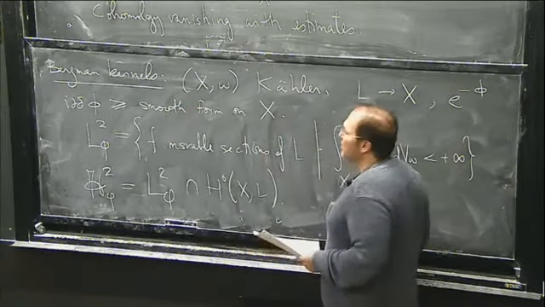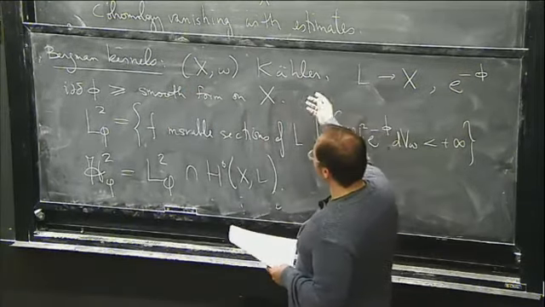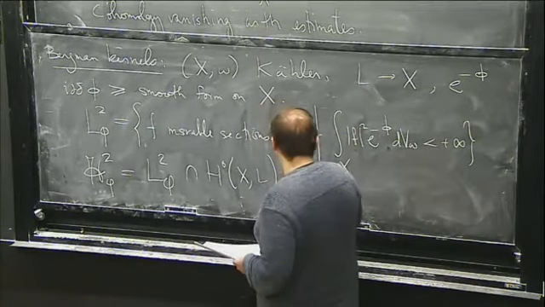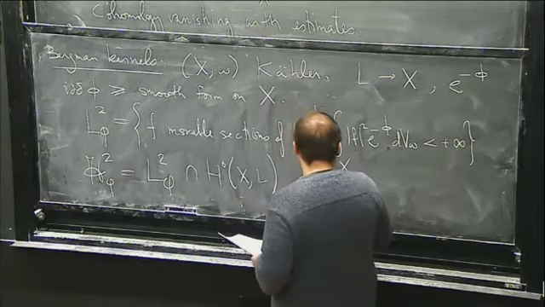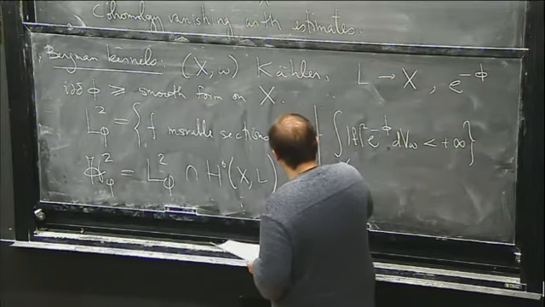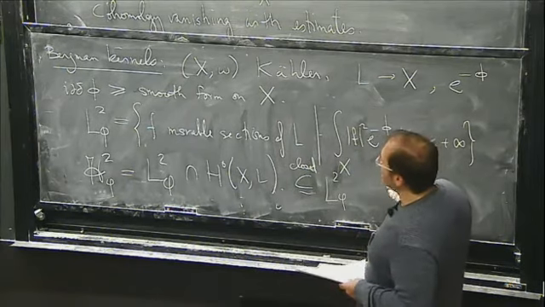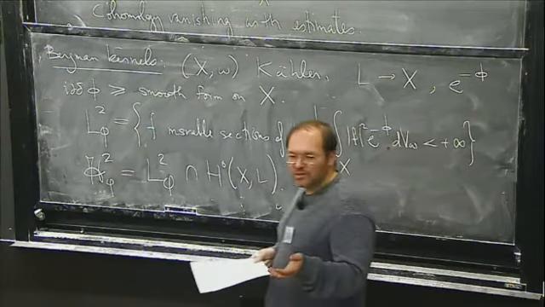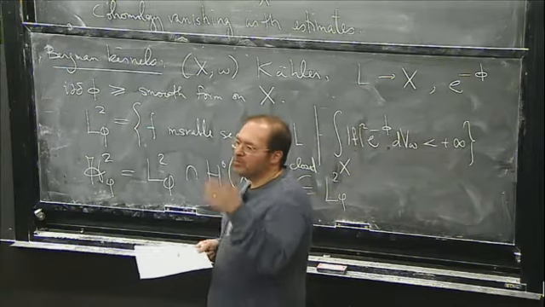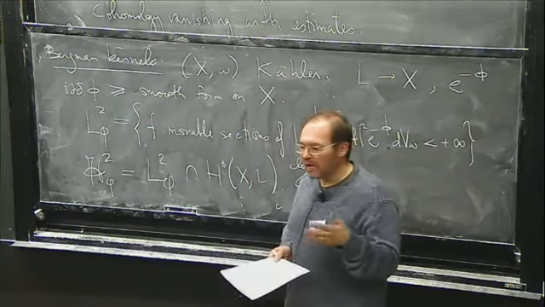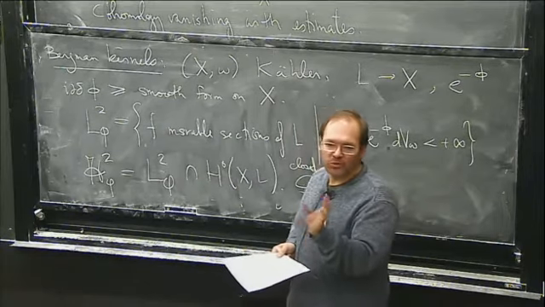Okay, so it turns out that under these conditions, this is a closed subspace of L2 phi. The reason it's closed is because point evaluation of holomorphic functions is a bounded operation with respect to the L2 norm. That's just the submean value property for the absolute value squared of a holomorphic function.